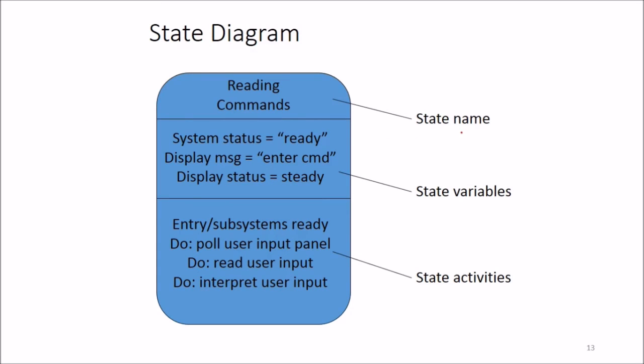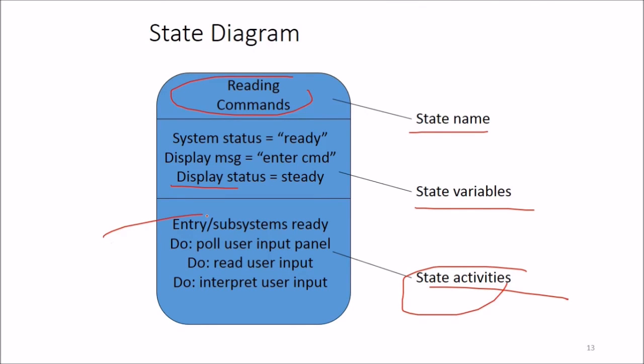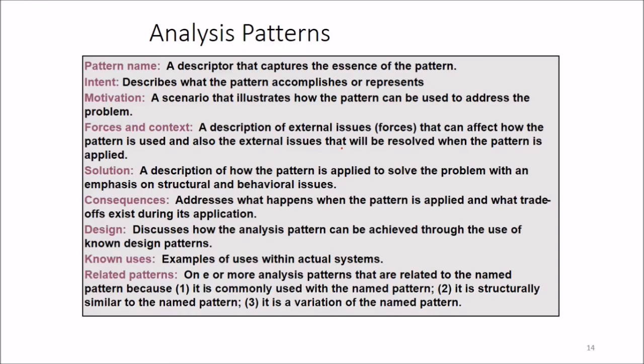You have a state name, state variables and state activities. The state name may be reading and command. State variables may be status: system is ready, display message is enter command, display status is ready. While the state activities can be entry, do this, do that, and these types of actions or some event, they come under the state activities.